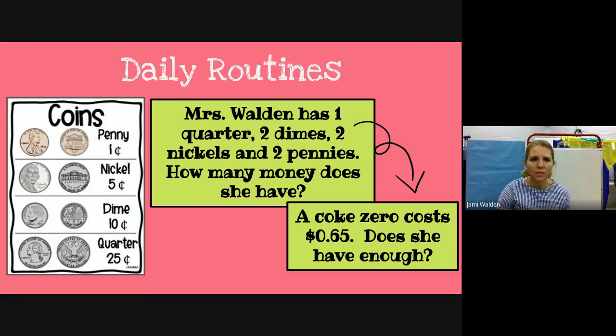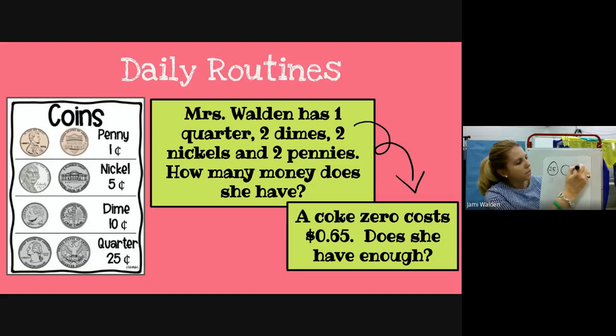Let's practice counting some money. Miss Walden has 1 quarter, 2 dimes, 2 nickels, and 2 pennies. How much money does she have? All right, I'm going to draw some circles and label them to help me count my money. So 1 quarter, how much is a quarter worth? 25 cents. So I'm going to put my quarter and label it with a 25. 2 dimes.